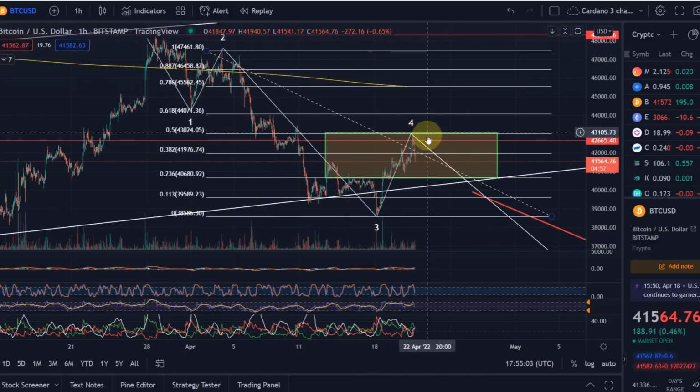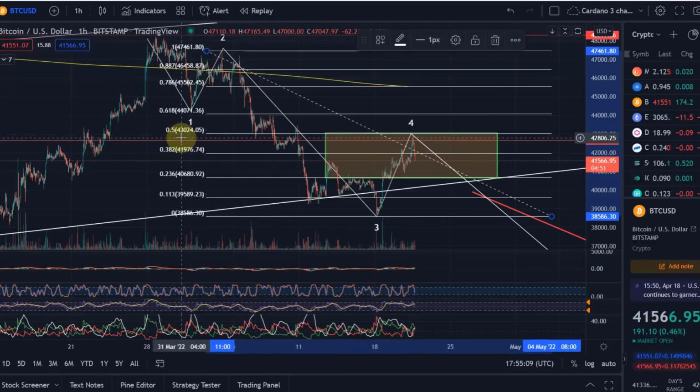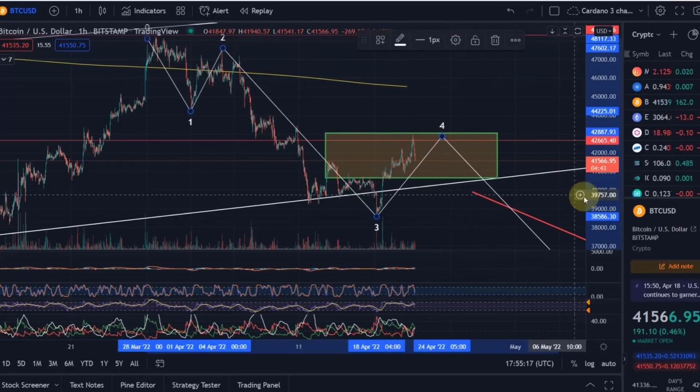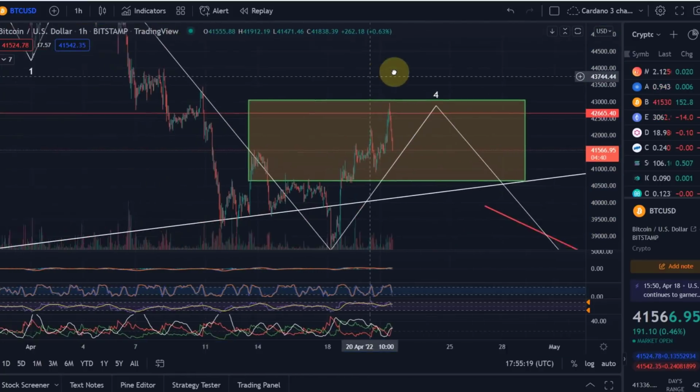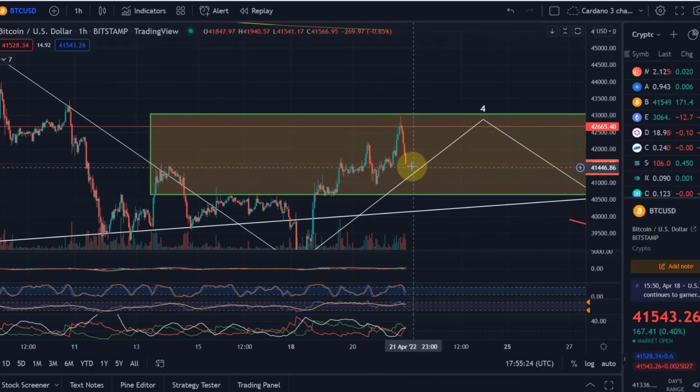Now, we can't deny the fact that Bitcoin reacted really strongly to this 50% Fibonacci retracement level at 43,000. If I delete the Fibonacci levels again and move that wave 4 to the side, you can see how strong that reaction was to that level. We have really come down quite a lot.